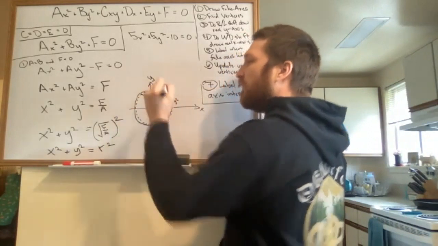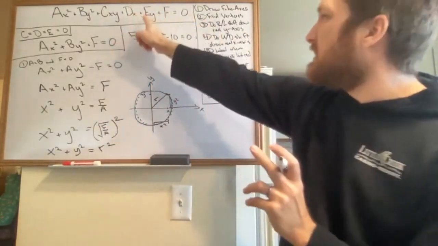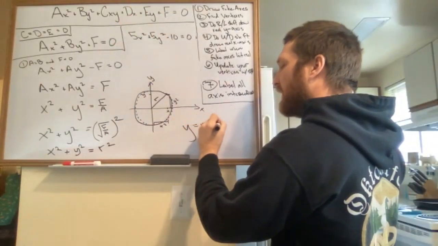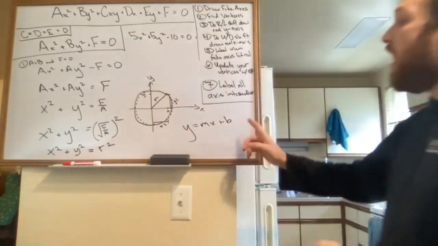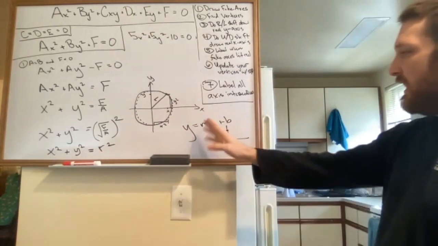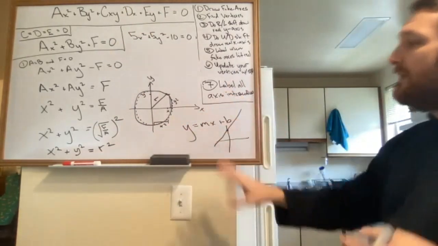And just like before, I could take some weird looking equation like dx plus ey plus f equals 0, and if I could turn it into y equals mx plus b, I can look right away and go, oh, it crosses the axis up here at b, and it has a slope of m, that's a line. Cool, I got it. Same thing here.